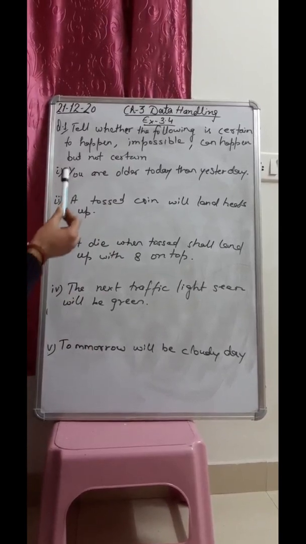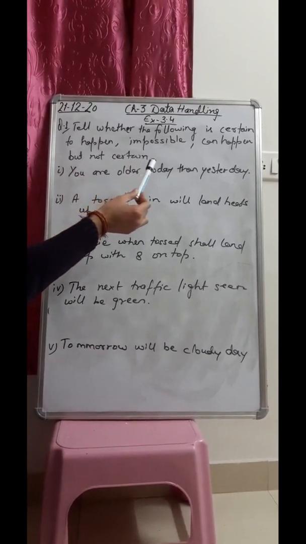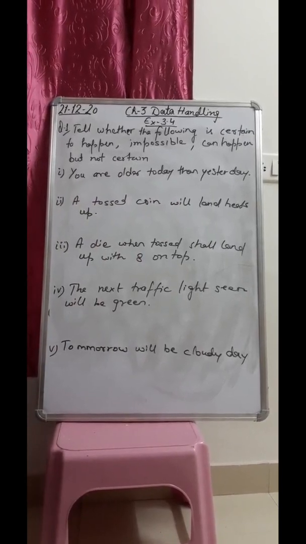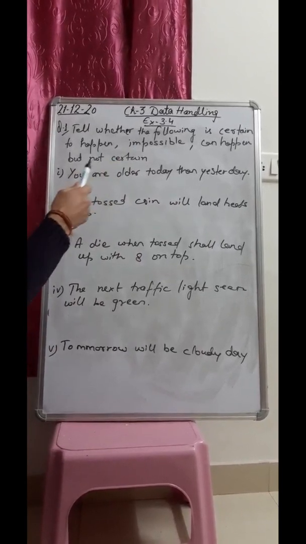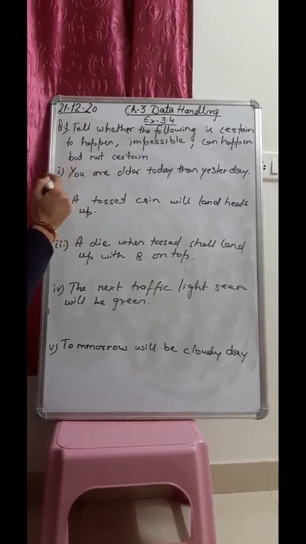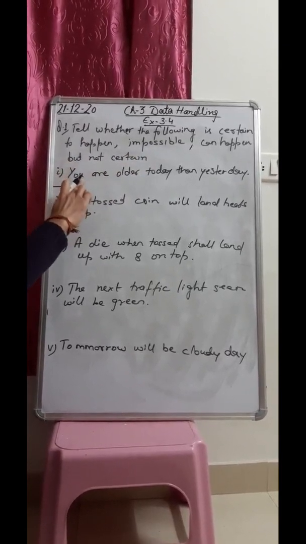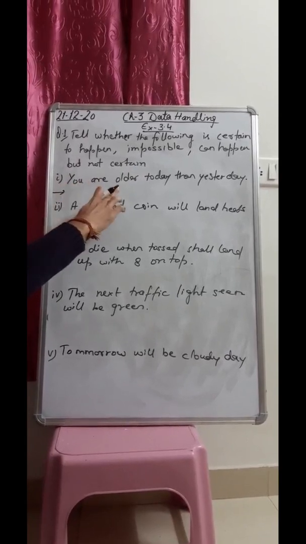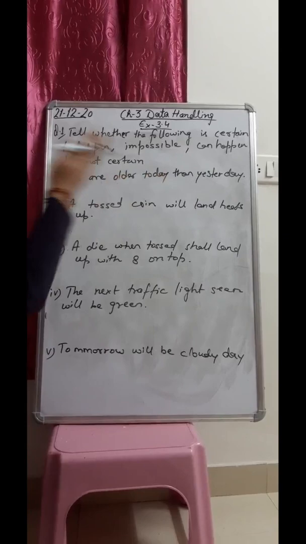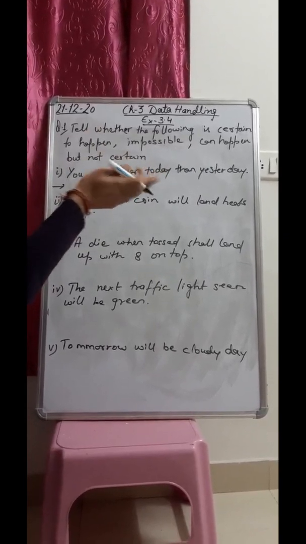The first is, you are older today than yesterday. Here we have to tell whether it is certain to happen, impossible, or can happen but not certain. They are saying that you are older today than yesterday. Yesterday is the past, it has gone.